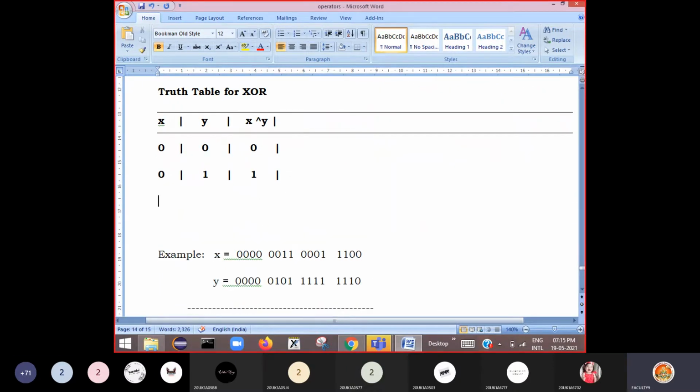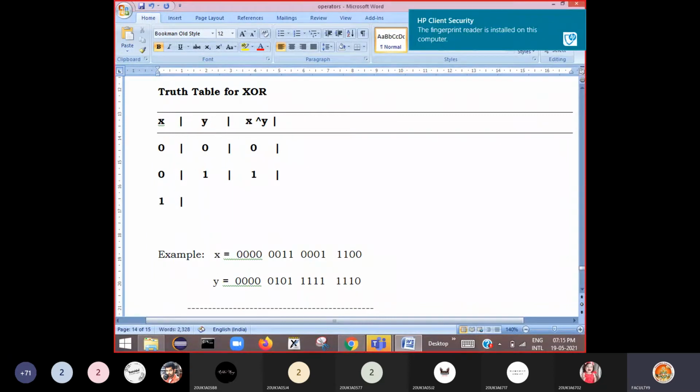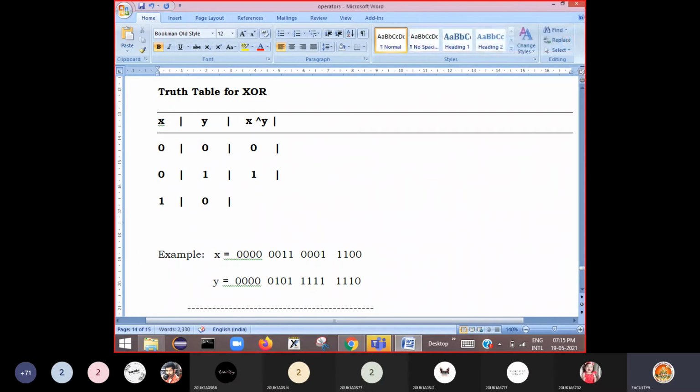Similarly, if the bit X is 1 and Y is 0, then the result X exclusive OR Y will be 1 because the inputs are different here.